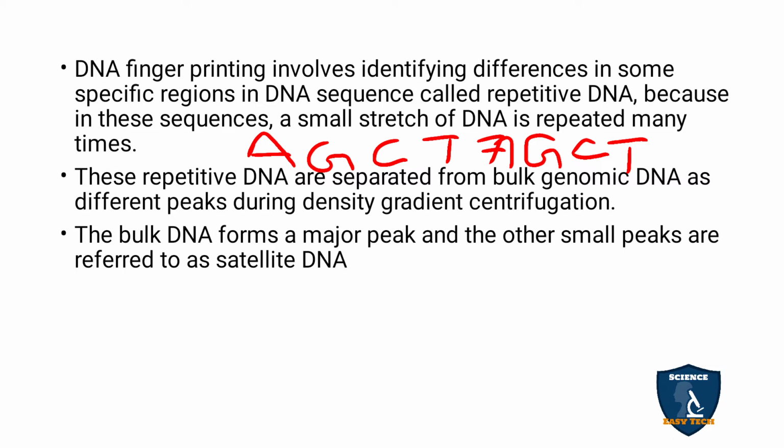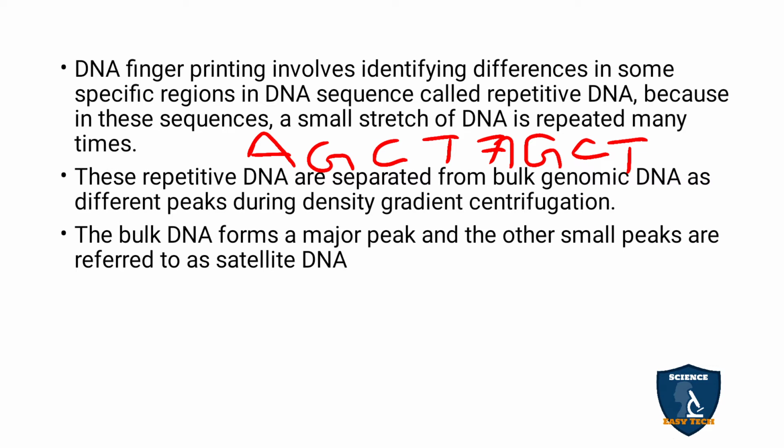Centrifugation is a machine like the mixer grinder our mom uses for separating the sediment and the liquid when making chutney. Like that, here centrifugation is done to separate the bulk DNA.